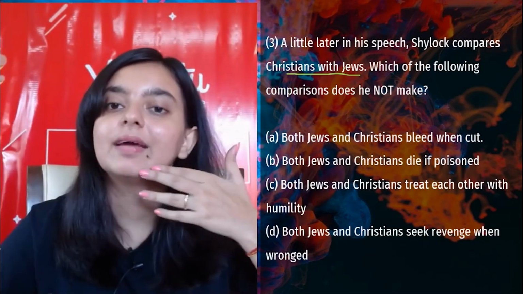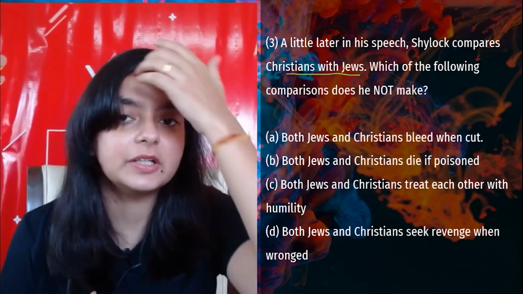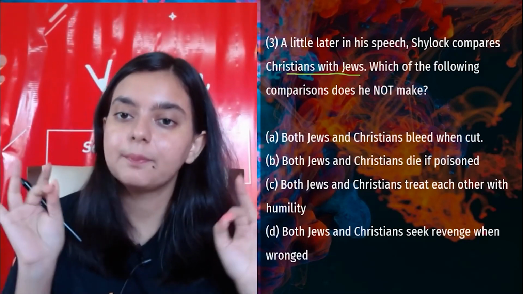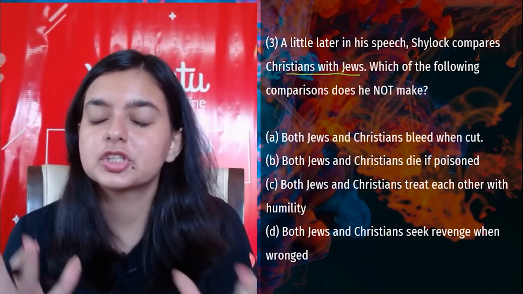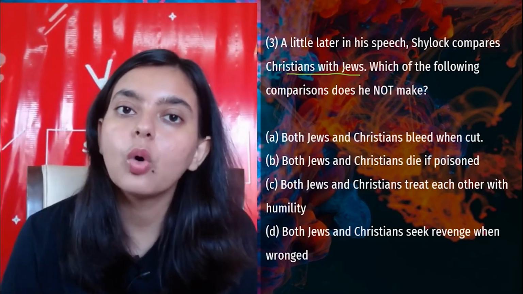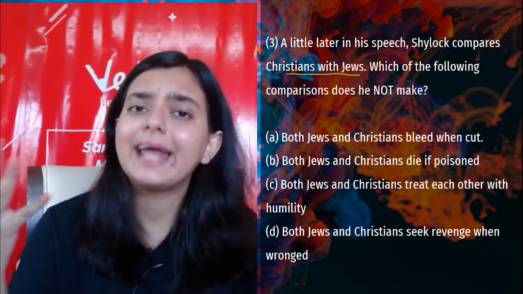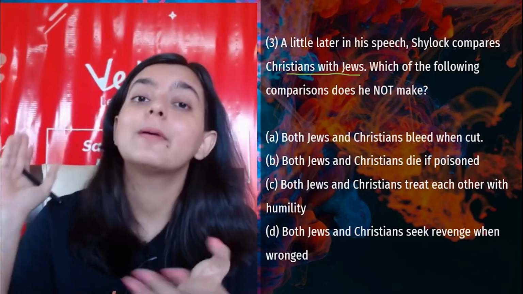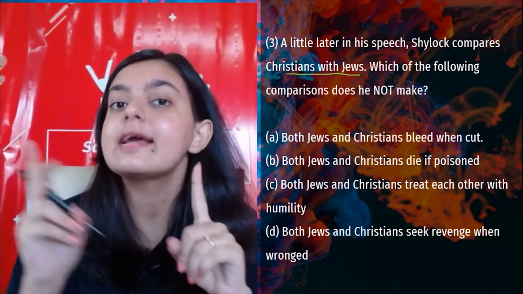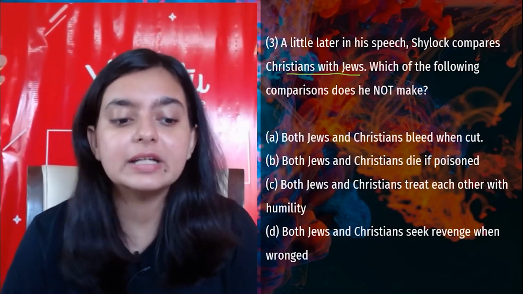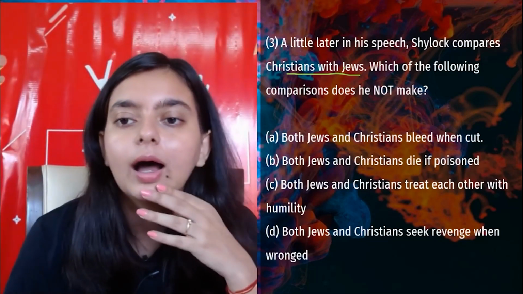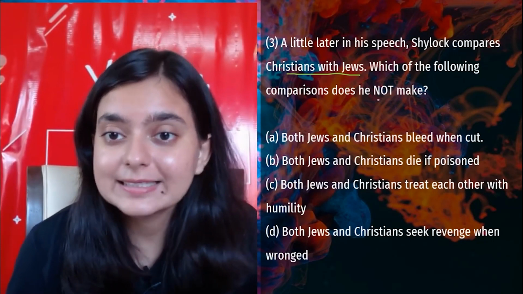That speech is very, very important, where he compares Christians with Jews, and we come to know about his prolonged hatred, because he had been persecuted in the past by the Christians, and that was the cause of his hatred. So which of the following comparisons does he not make?